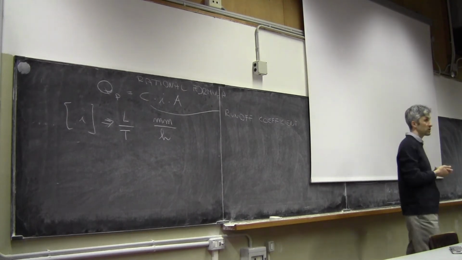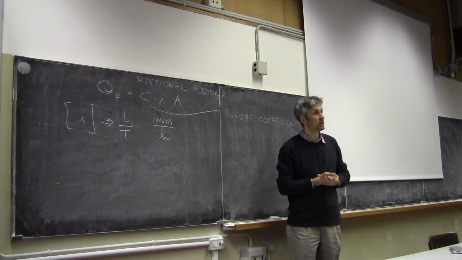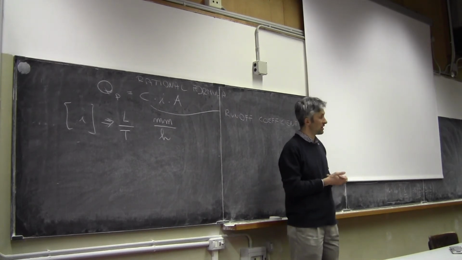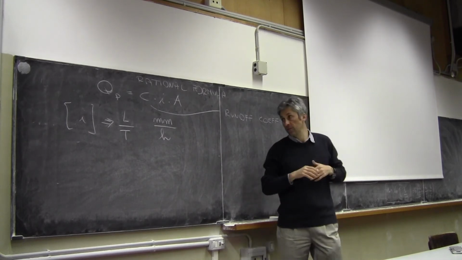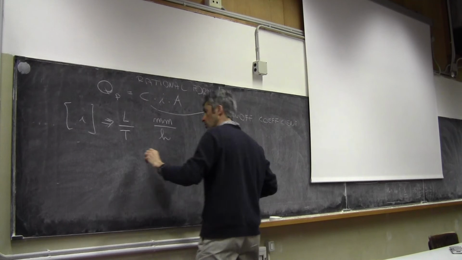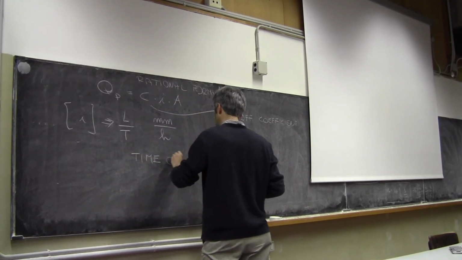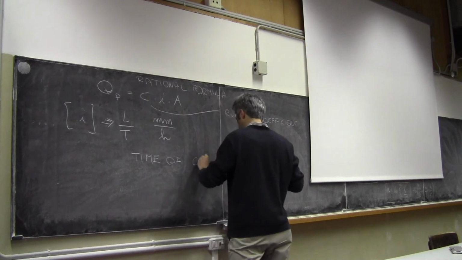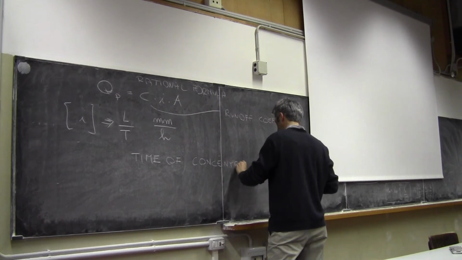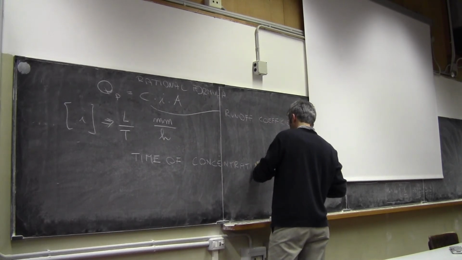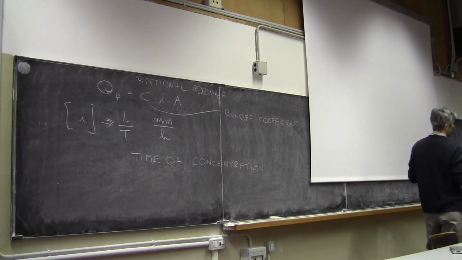What is the time of concentration of a catchment? In Italian it's called tempo di corrivazione. It is a basic concept in hydrology, like the concept of catchment, so you have to remember this definition. So the definition is, again, time of concentration. What is the time of concentration?